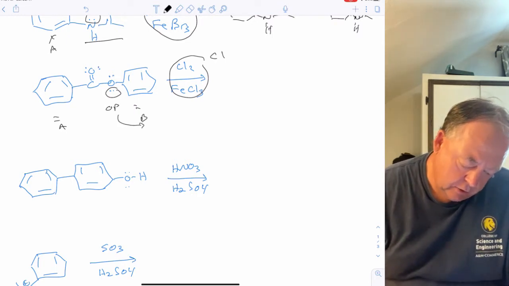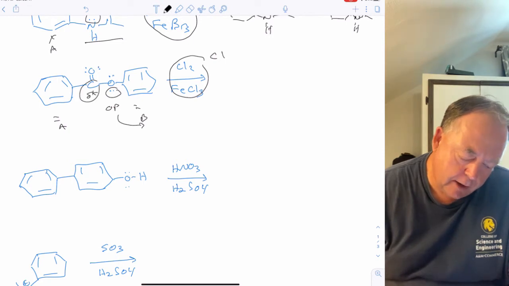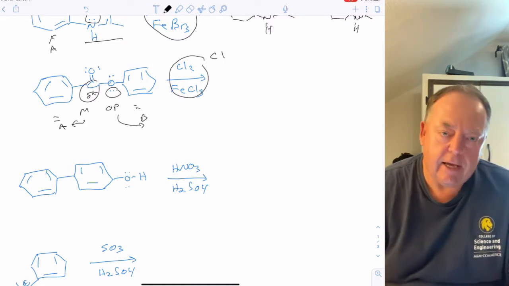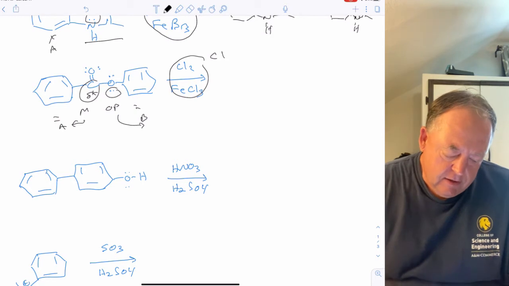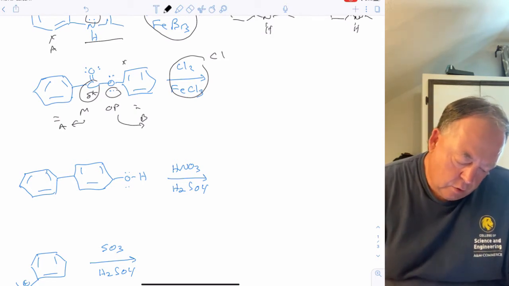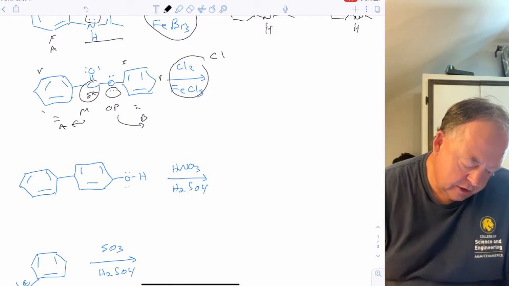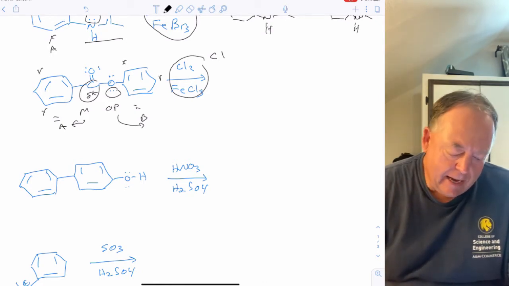For ring A, the atom that's attached to it has a partial positive charge, so that's a metadirector on this ring A. So it's either going to go here, ortho or para to the oxygen, or it's going to go here, which is equivalent to there, meta to that.